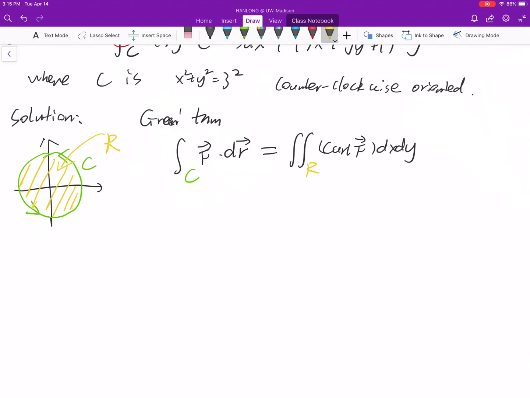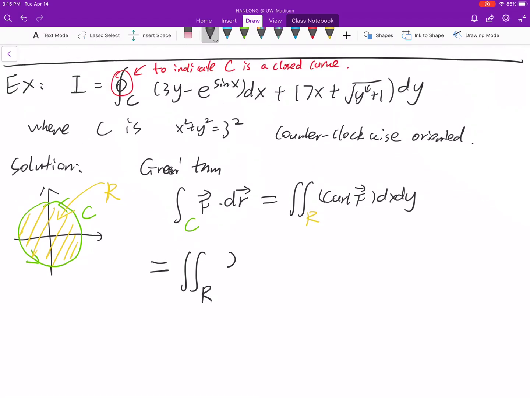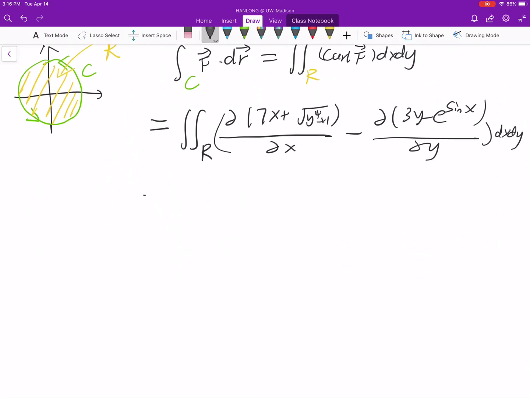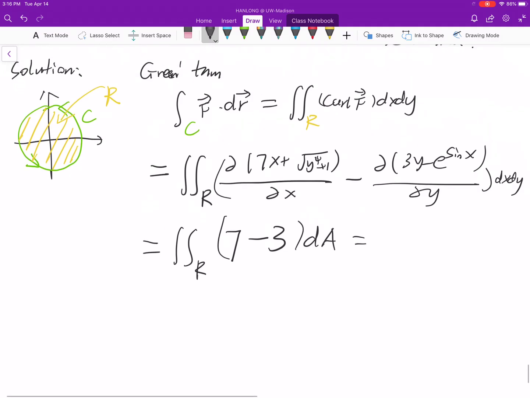And then let's compute the right hand side, and let's first write down R. So curl is partial Q partial x minus partial P partial y, dx dy. So finally, this is the integral over R of 7 minus 3 dA. And notice this is a disk with radius 3, so you can just write down the area. So there will be the area of R.